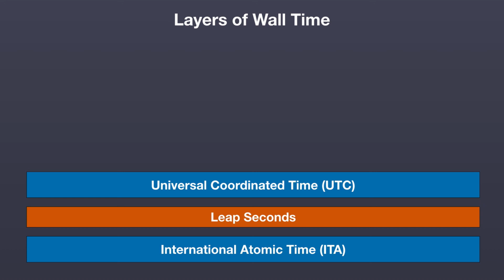And so from time to time, if we want our understanding of time to match up with how the Earth works, we need to trim or add some seconds. Those are called leap seconds. Through leap seconds and atomic time, we can figure out what universal coordinated time is. Now, when talking about UTC, you will also hear the term GMT, or Greenwich Mean Time.